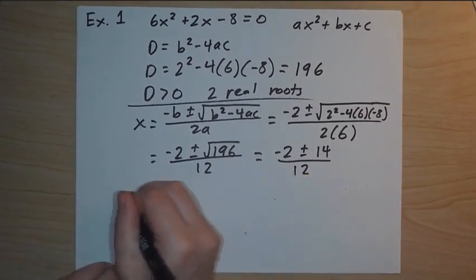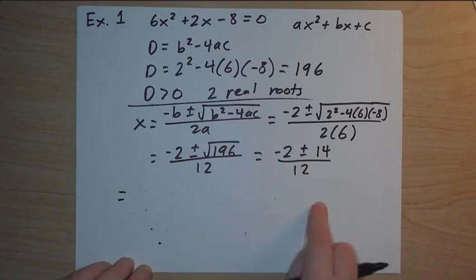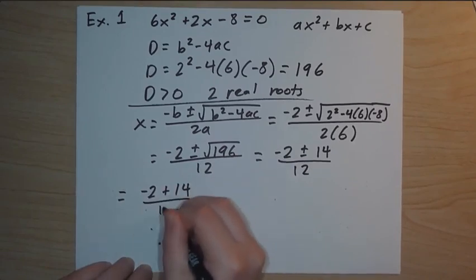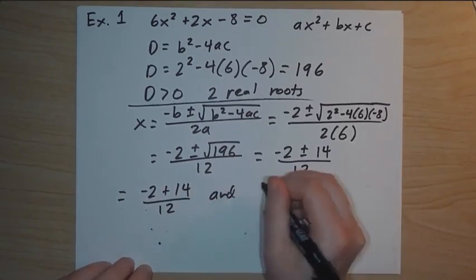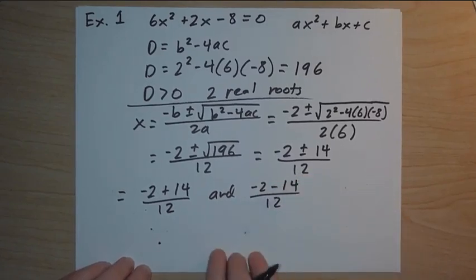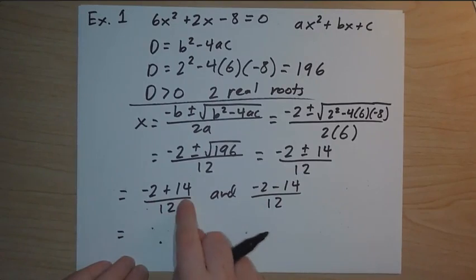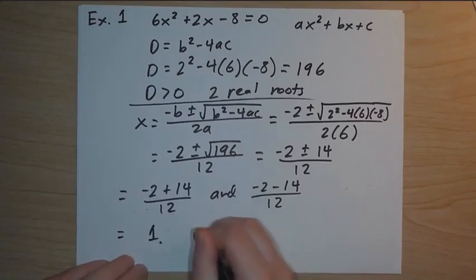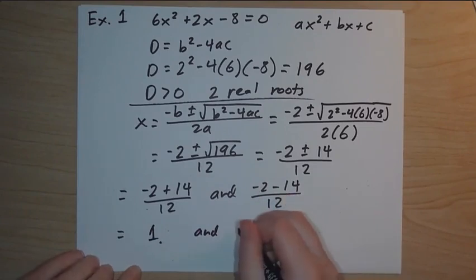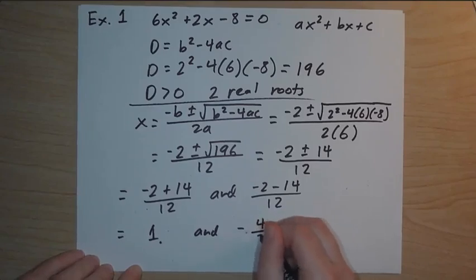Now we're going to split this up into two solutions using the plus or minus. On one side we'll have the plus, and on the other side the minus. So we'll have negative 2 plus 14 divided by 12, and negative 2 minus 14 divided by 12. Negative 2 plus 14 is 12 over 12, which gives us 1. Negative 2 minus 14 is negative 16 divided by 12, which simplifies to negative 4/3.